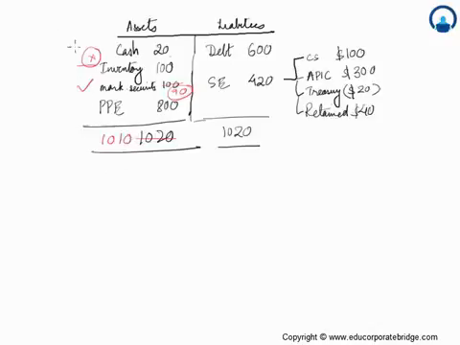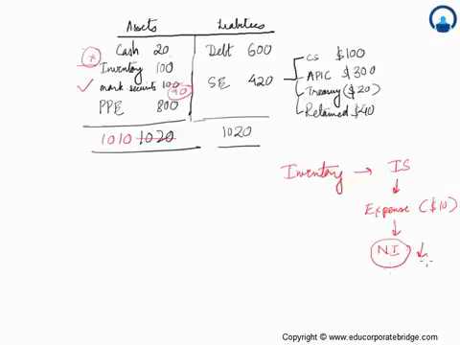So if we go back and look at what we did in the case of inventory, if there was a reduction in inventory, we looked at the income statement. Within the income statement we wrote an expense called write down of inventory to an extent of $10, and this resulted in lowering of the net income, and this net income was ultimately linked to the retained earnings, and this was reduced to $30. Okay, so this was what we had done in the case of inventory.